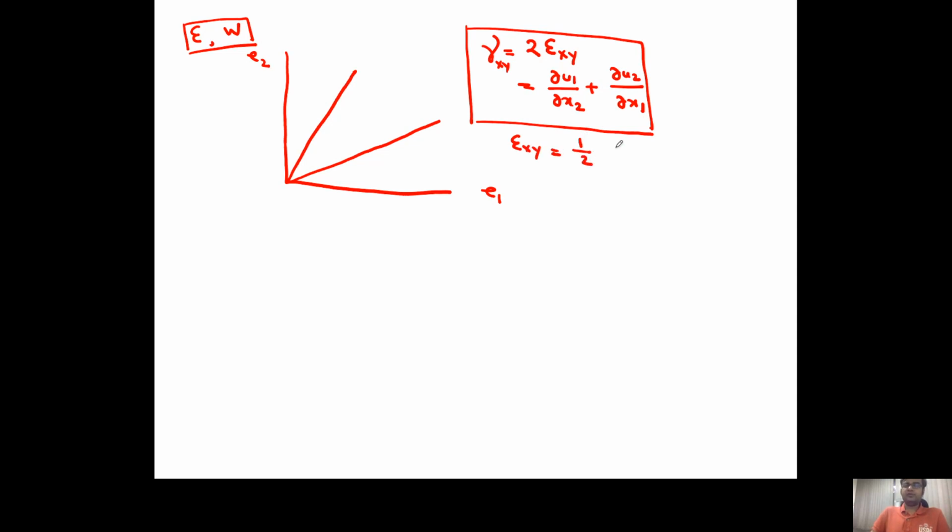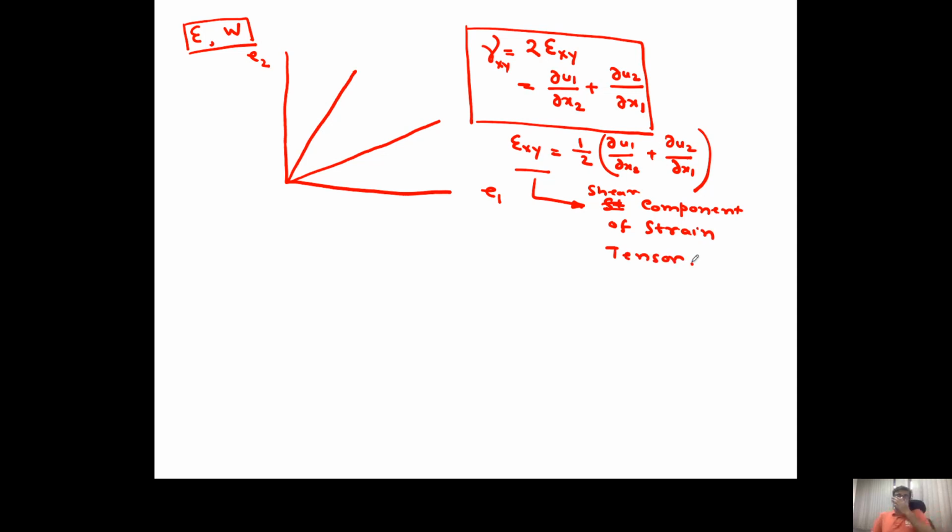Epsilon xy is half del u1 del x2 plus del u2 del x1. So this is your component of the strain tensor, let me write it down. So shear component of strain tensor, right? So epsilon xy is the shear component of the strain tensor.